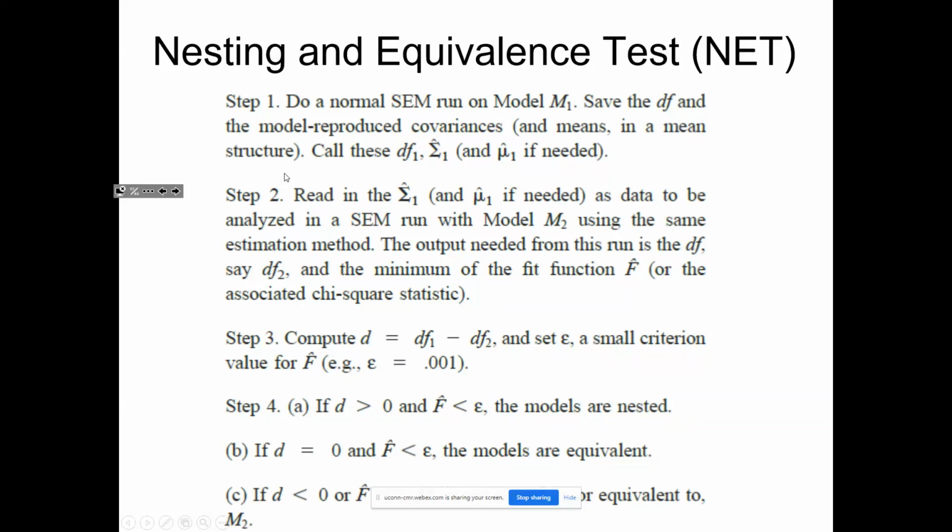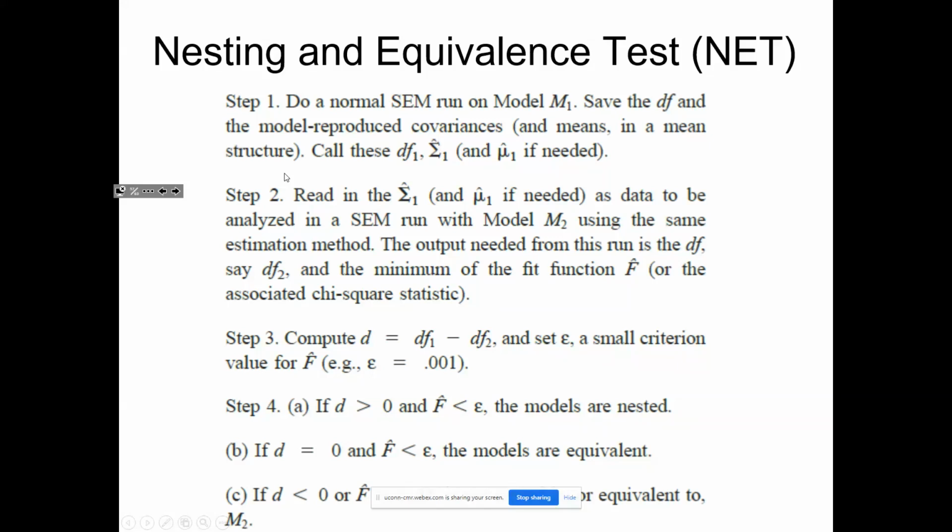So if I run a model, get this model implied variance covariance matrix, and then use it as the data instead of the data itself, I can very easily test whether I have an equivalent model, a nested model, or neither. If it's equivalent or nested, this model 2 is going to give a chi-square of 0.